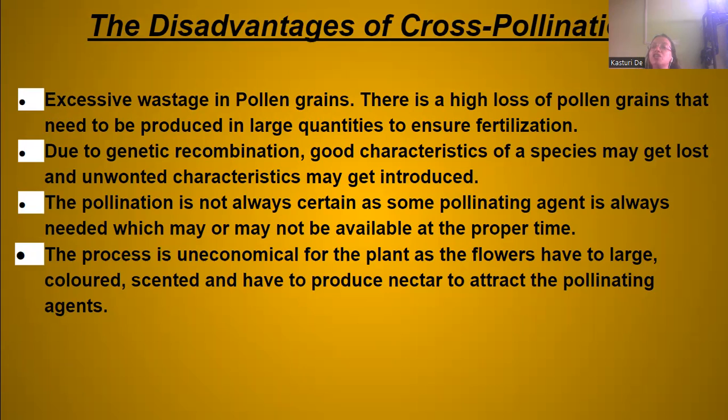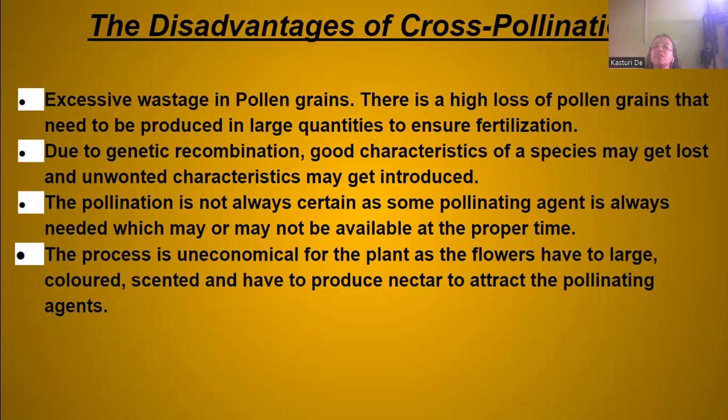The pollination is not always certain, as some pollinating agents are always needed. The plant has to depend on some pollinating agents, and if the pollinating agent is not available at the proper time, then pollination is not done.